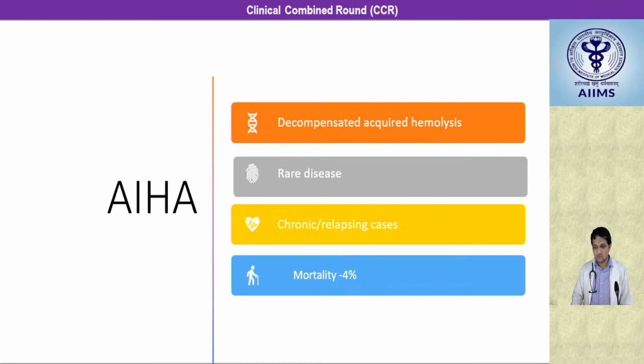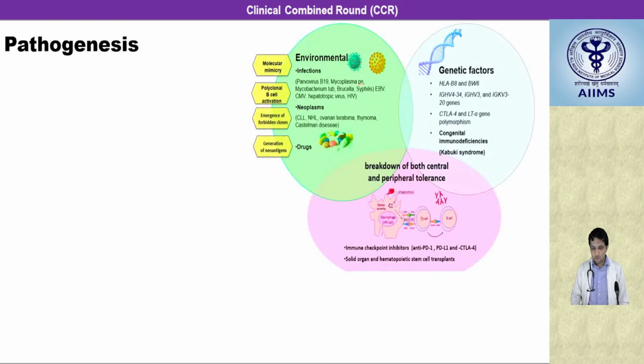In older adults, chronic and relapsing cases are more common, which we have seen in our patient, and it has a higher mortality rate, around 4%, which is due to increased risk of infection, Evans syndrome, acute renal failure, and increased thrombotic risk. Autoimmunity in AIHA is mainly multifactorial. It can be due to environmental factors, genetic factors, and it can also be due to breakdown of both central and peripheral tolerance.